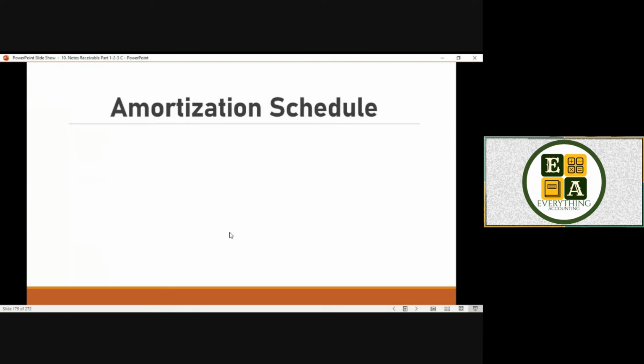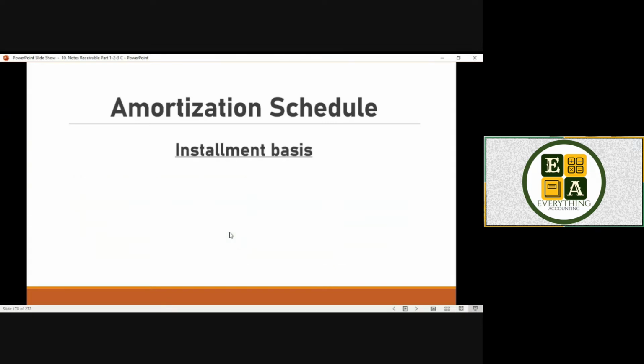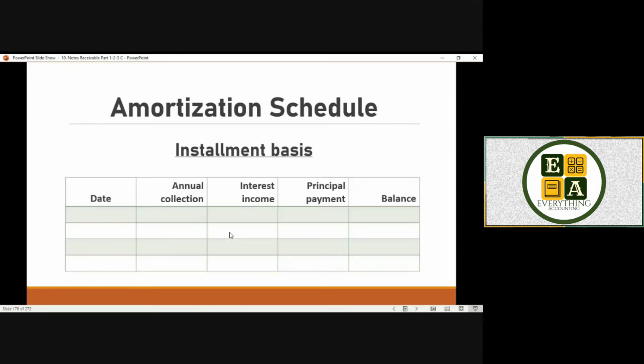And for the amortization schedule for lump sum basis, we usually have only 4 columns. Column for the date, column for interest income, and column for unearned interest income. Then we have the balance or the carrying value of the non-interest-bearing notes receivable. For installment basis, regardless if it is ordinary annuity or in advance of one, the amortization schedule has 5 columns: column for the date, then the annual collection.